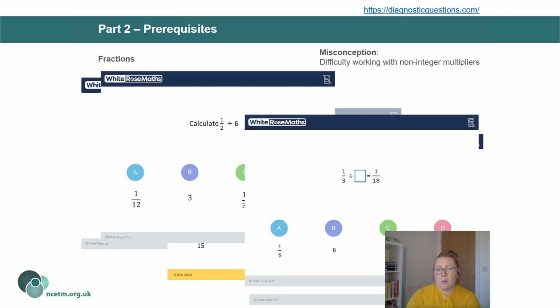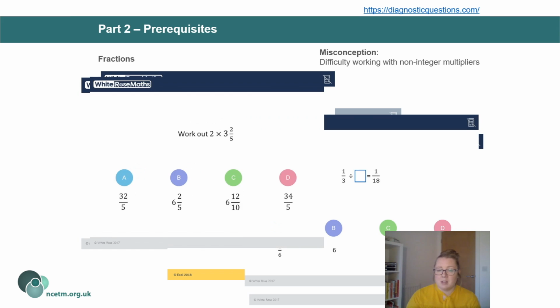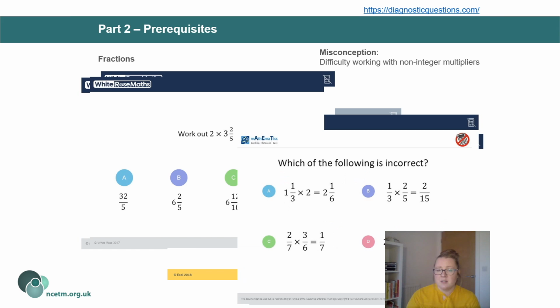It may be that we then want to assess our knowledge on mixed numbers and improper fractions in multiplying and division circumstances. If we can find the very specific difficulties that our students have with fractions, it's going to make the next section so much easier.